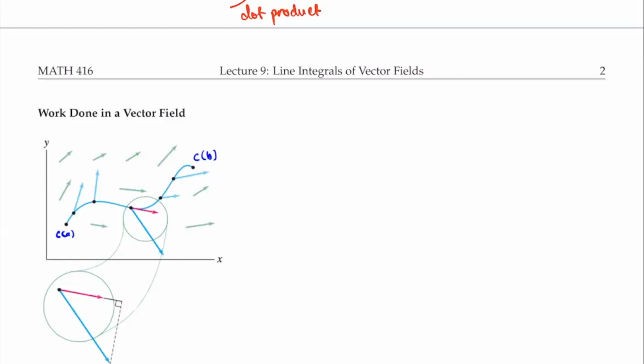So there are two vectors, very similar to what we have with the dot product. One is along the line of motion, the other one is the force that applies on the object. Here this is F and this is T, which we consider the unit vector.